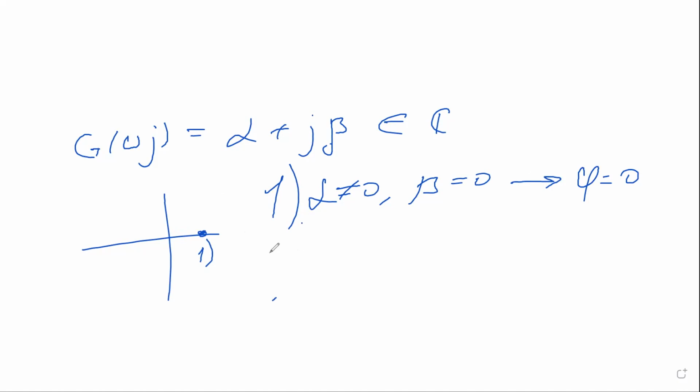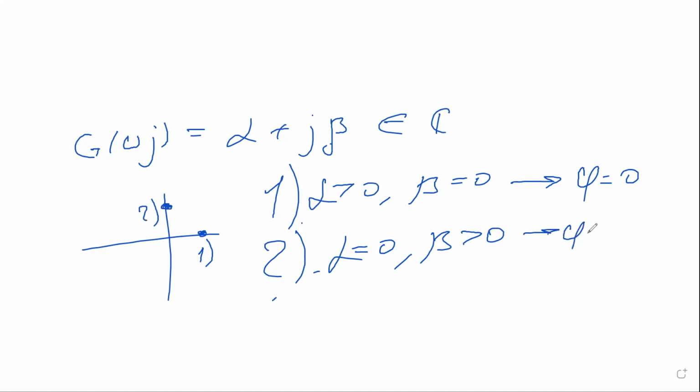Makes sense, right? Now, if alpha is equal to 0 and beta is positive, that means the phase is equal to 90 degrees. Phase is again just the angle between this arrow and the horizontal line.